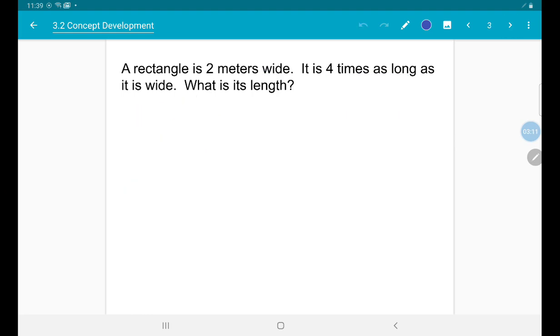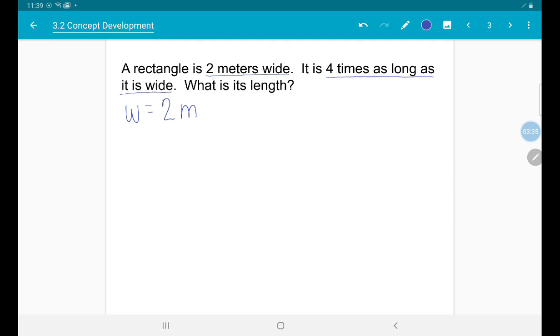A rectangle is 2 meters wide. It is 4 times as long as it is wide. What is its length? I know the width. The width equals 2 meters, because it tells me a rectangle is 2 meters wide. It is 4 times as long as it is wide.